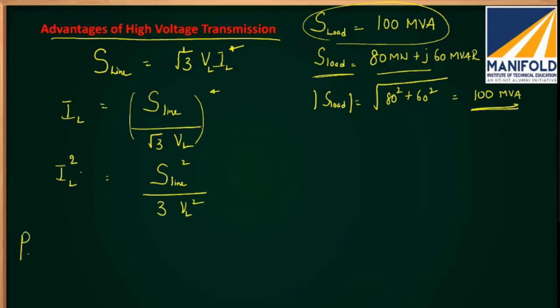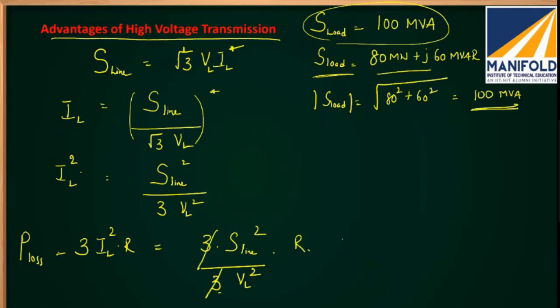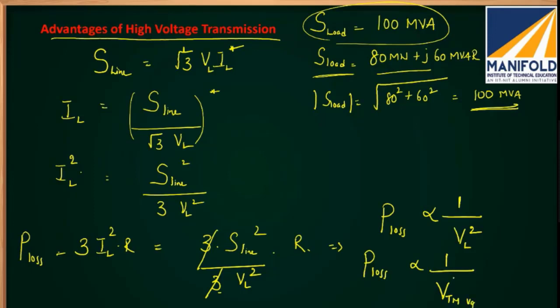So real power loss in the transmission line is given by 3 IL square into R, which equals 3 into S line square by 3 into V line square into R. Which implies power loss in a transmission line is proportional to 1 by VL square, or power loss is proportional to 1 by transmission voltage square.